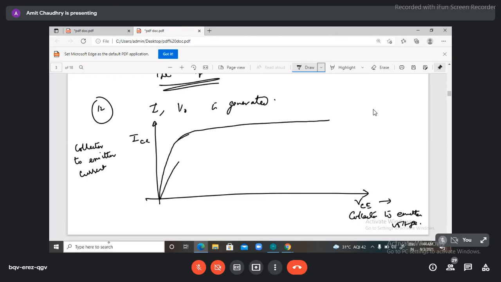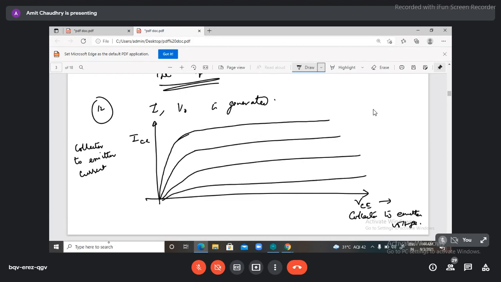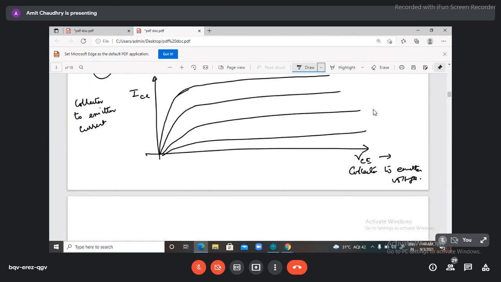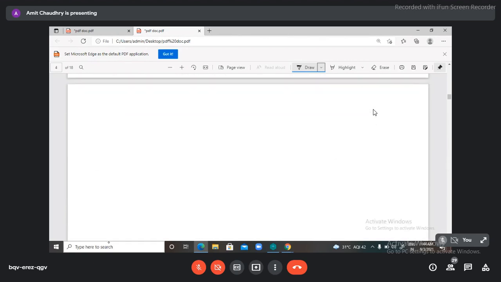So this is the behavior of the current with the output voltage. So this is not linear. ऐसा नहीं है ये IC ऐसे हुआ और ये VC ऐसे हुआ और ऐसे हो गया, ऐसा नहीं है.